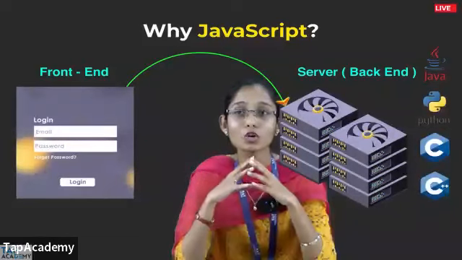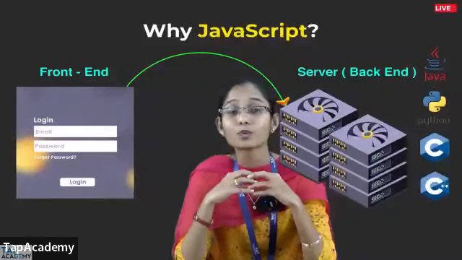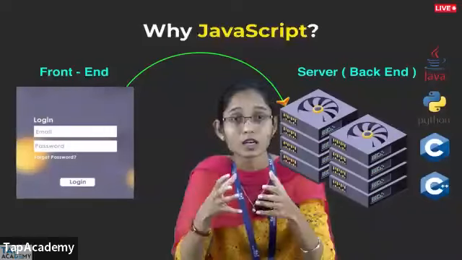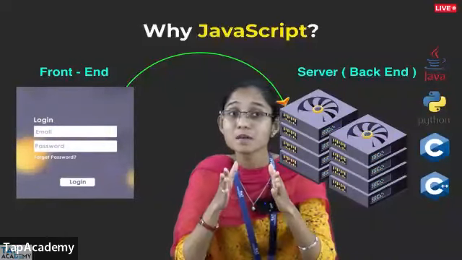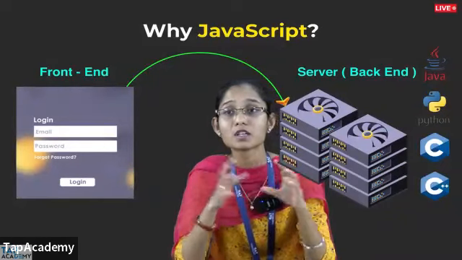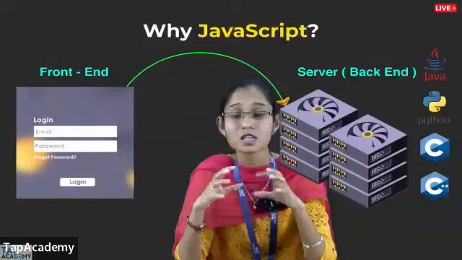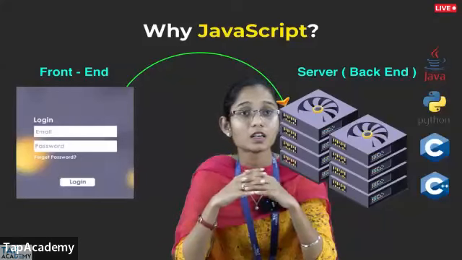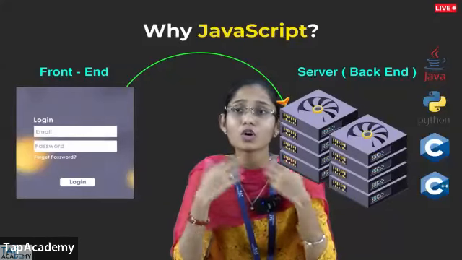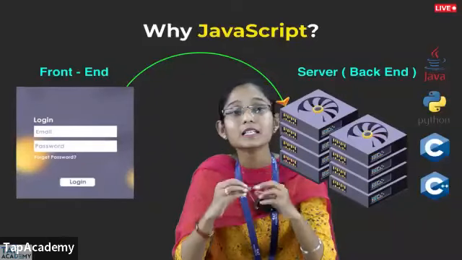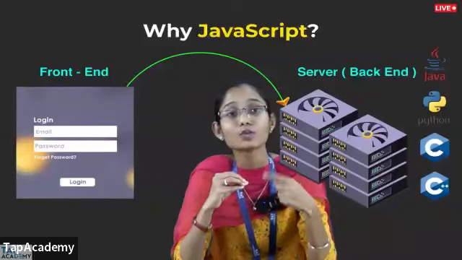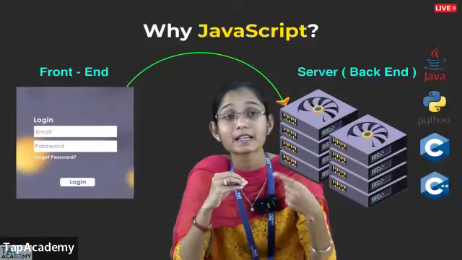So you are putting a lot of load and a lot of tasks on it, and the response will be delayed. Sometimes you might get a server not found, or sometimes a connection fail. A lot of things you can get like that. That is because multiple people are trying to invoke that server at a time.